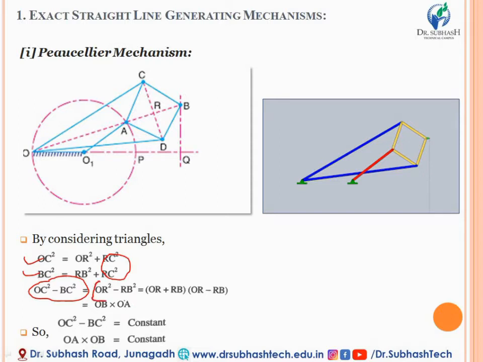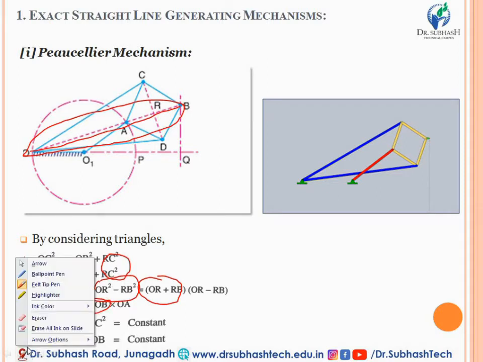Specifically, this equation can be written like x square minus y square, so you get OR plus RB and OR minus RB. If you look at OR plus RB in the Peaucellier mechanism, it becomes the entire link, so this summation of links OR and RB can be replaced by the value of link OB.